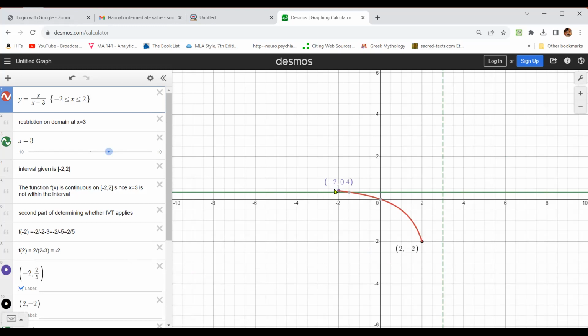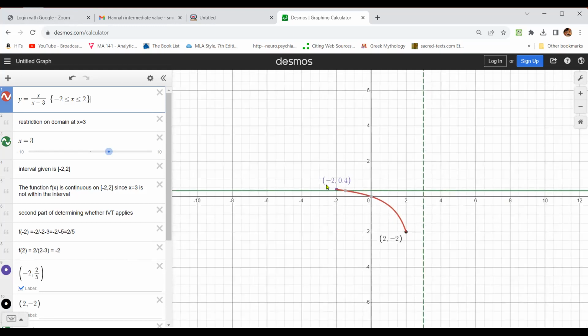This purple dot has a y of 0.4. That purple dot is above the green line. 2/5 is bigger than 1/3, so it's above the line. -2 is substantially below this green line.